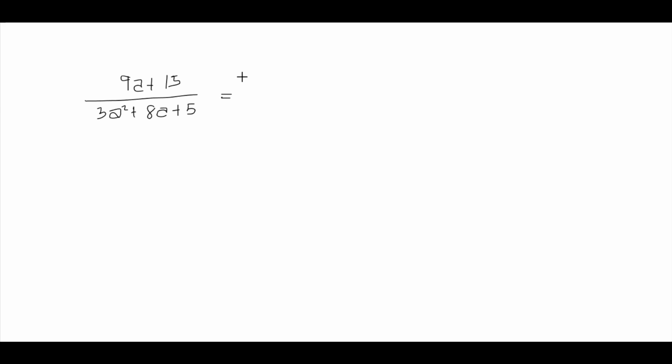First, we need to get the GCF for the numerator. Our GCF is 3. If we divide 9a by 3, we'll get 3a, plus 15 divided by 3, we'll get 5.